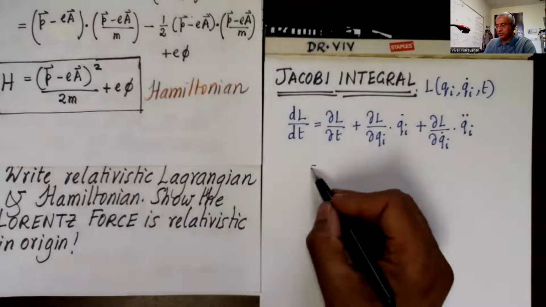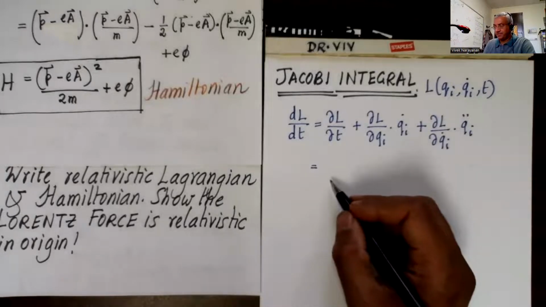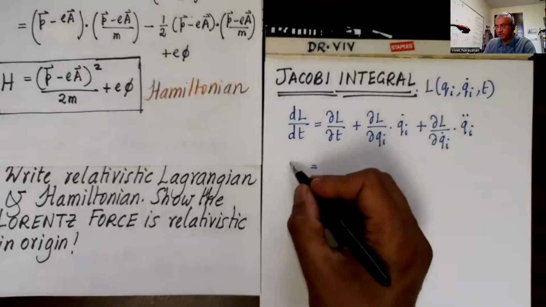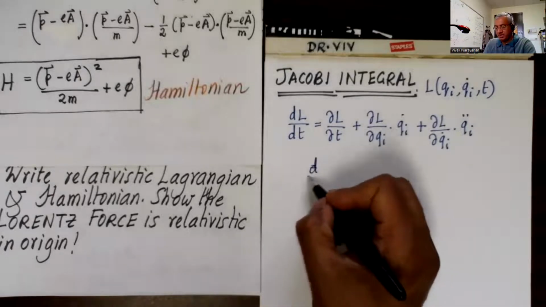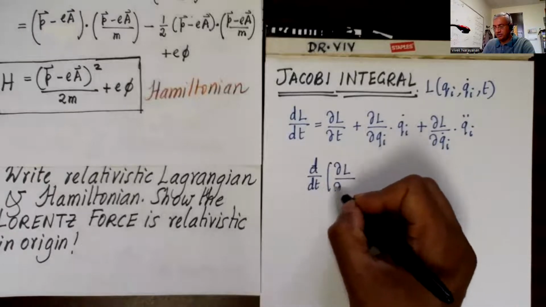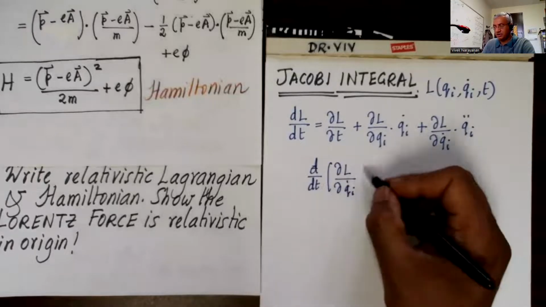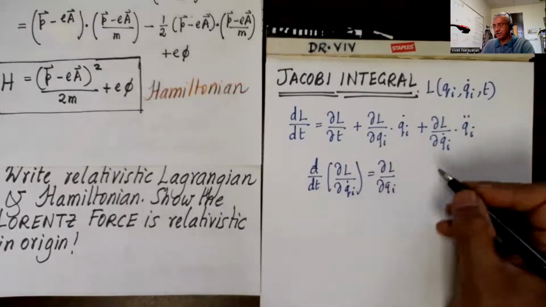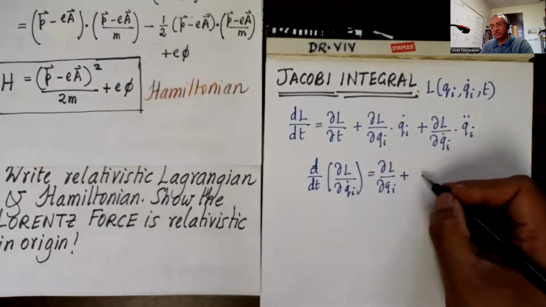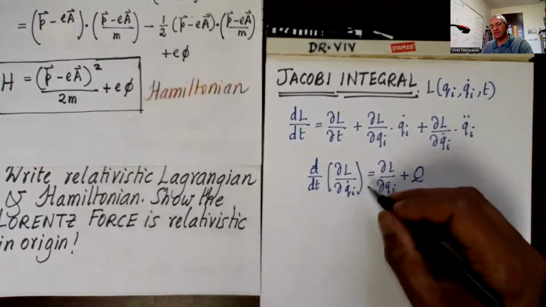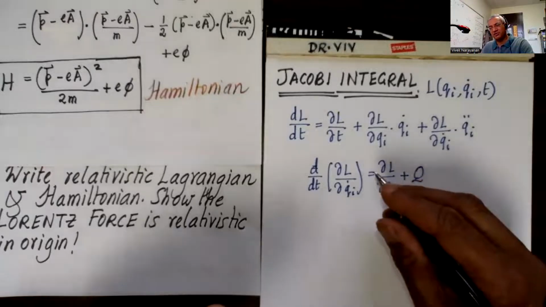Okay, now let us use the equation called the Euler-Lagrange equation. The Euler-Lagrange equation is the following: d by dt of del L by del Qi dot is equal to del L by del Qi plus only terms that don't involve conservative terms, because the Lagrangian already takes all the conservative terms.